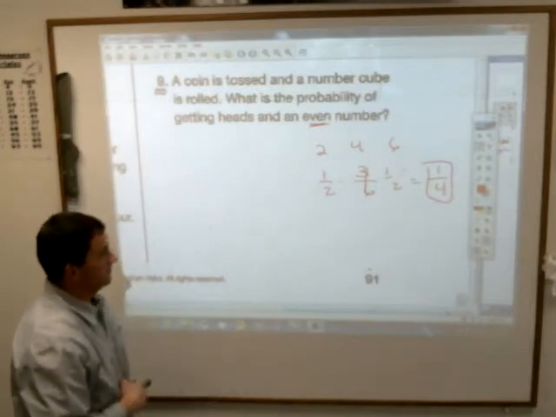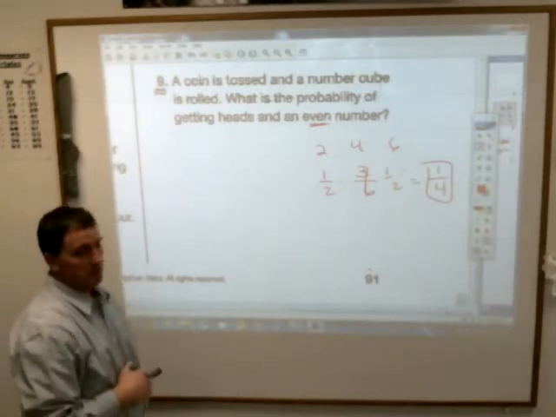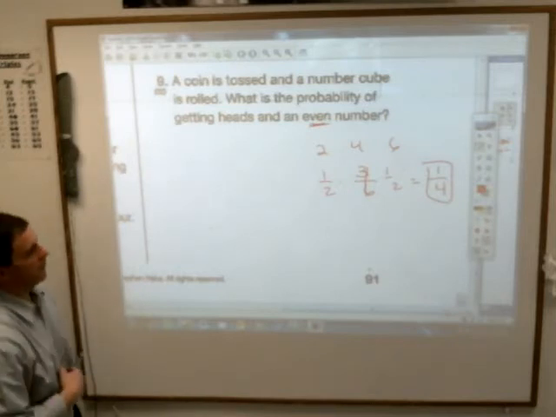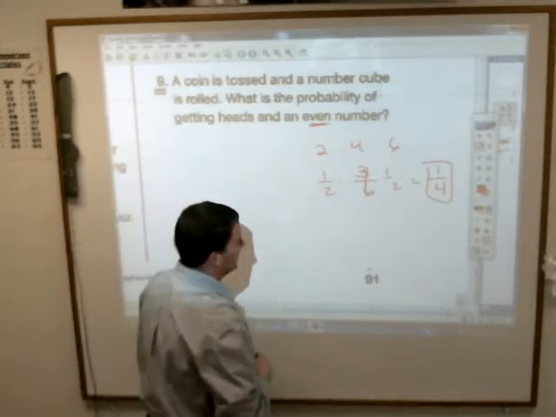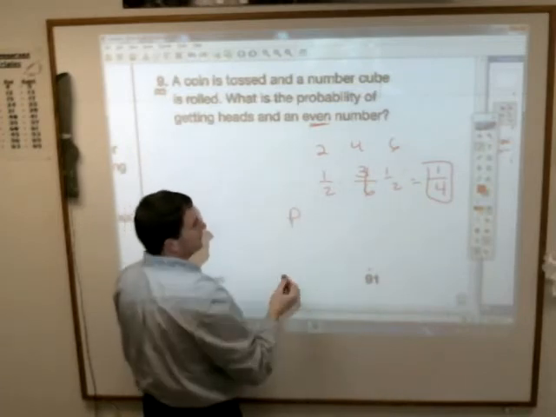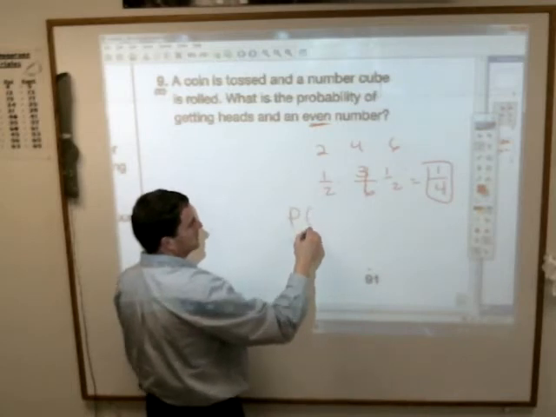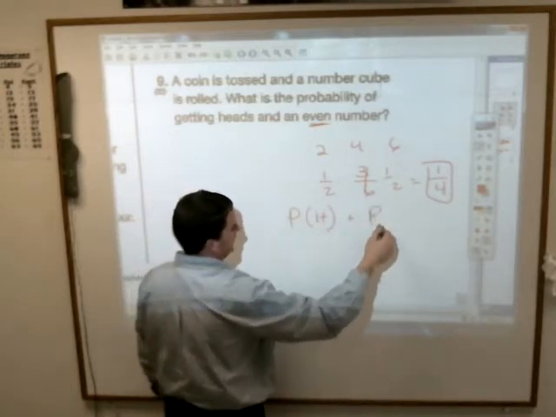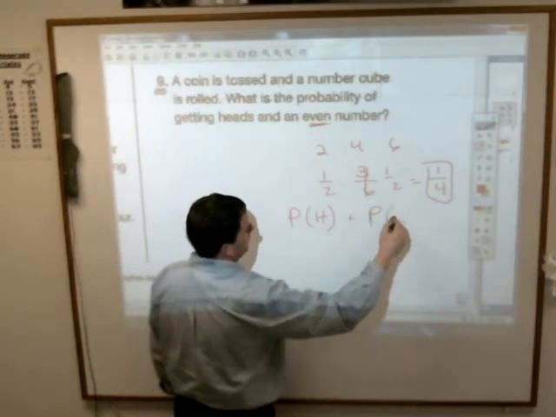Sure, if you want to do it that way, but you might want to be careful with that. So that's not correct. It's multiplication. Anytime it's the probability of getting two different things, you need to multiply those two probabilities together: the probability of getting a head and the probability of getting an even number.